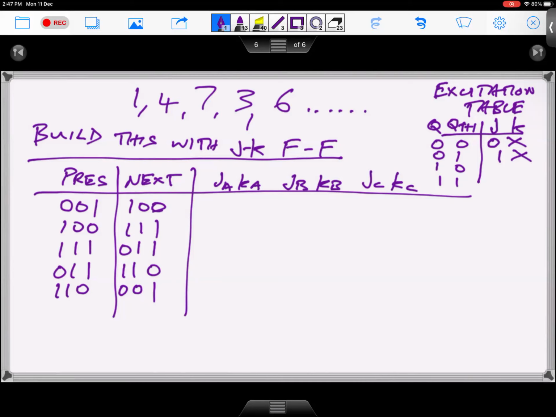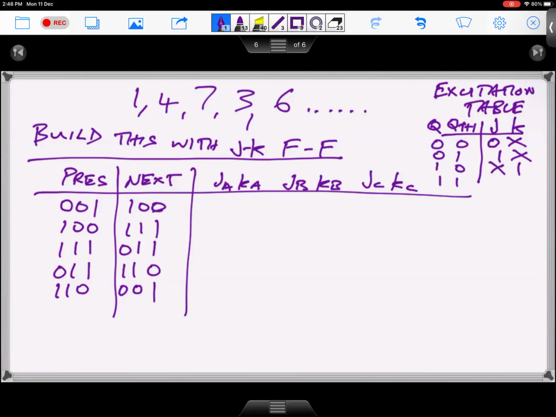Okay? So here now we're going from a 1 to a 0. What do we need? Well, toggling is 1, 1, right? Toggling is 1, 1. And going to a 0 is 0, 1. So either we have 0, 1 or 1, 1. So we reverse the position of our X and our 1.